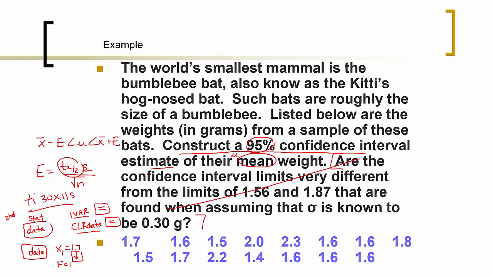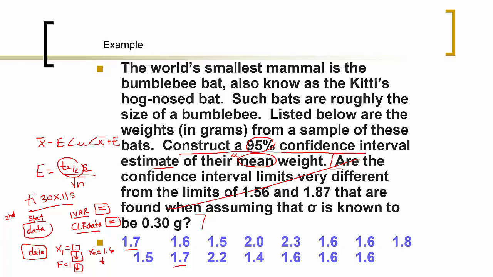You can change it, like if you did not want to type in all of these 1.7s, you could change the frequency to 2. You have to be careful to cross it off your list. I just like to keep it at 1 and type the numbers in. So arrow past frequency 1, go to X2, type in 1.6, arrow down, and keep doing this until you've entered all of your data.